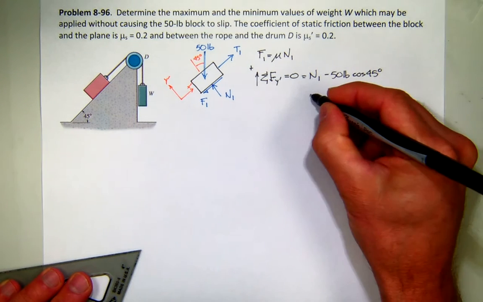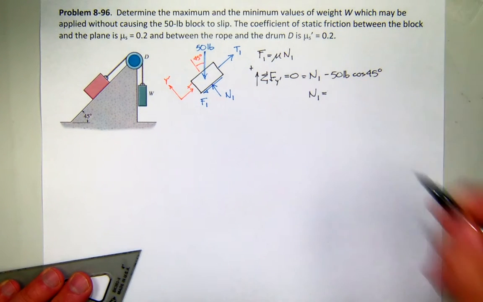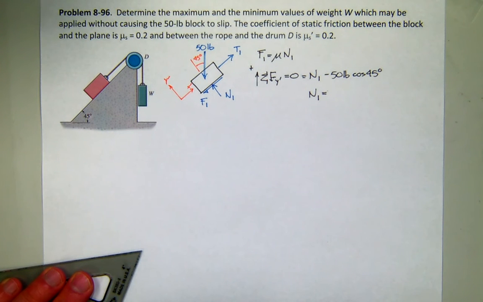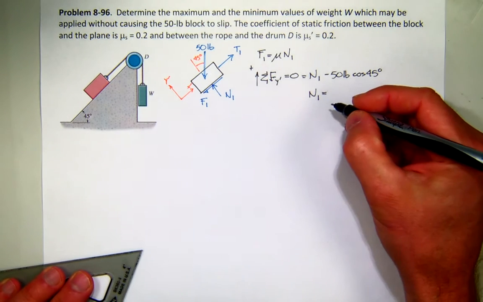Well, I can solve for N1, right? Oop, did that wrong. 35.35 or 35.4? You guys get that?